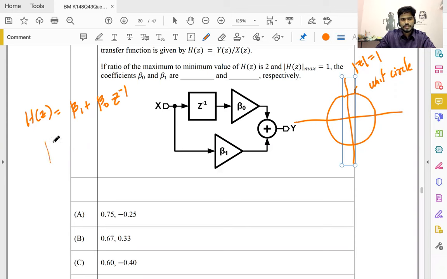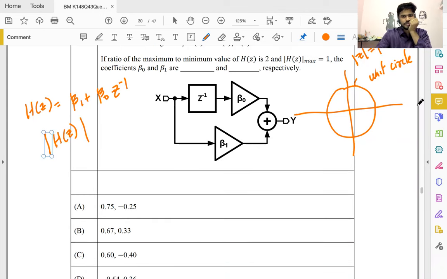Actually, notice on this form you could say something. I think the zero is at minus beta naught by beta 1. If you know how to use the pole zero plot for a discrete time system, the point on the unit circle closest to the zero should have the smallest gain, and the closest point is, of course, this.